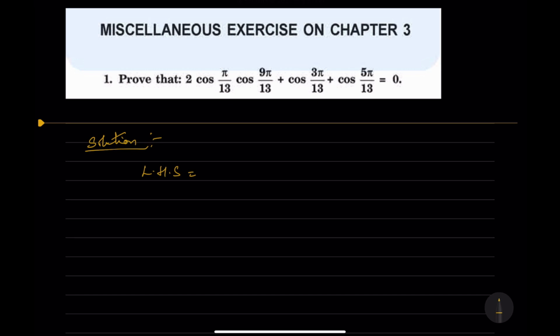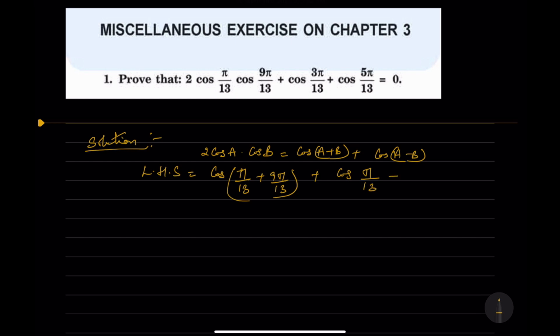So we'll use the formula 2 cos A into cos B is equal to cos A plus B plus cos A minus B. So here you will get cos of pi by 13 plus 9 pi by 13 plus cos of pi by 13 minus 9 pi by 13 plus cos 3 pi by 13 plus cos 5 pi by 13.